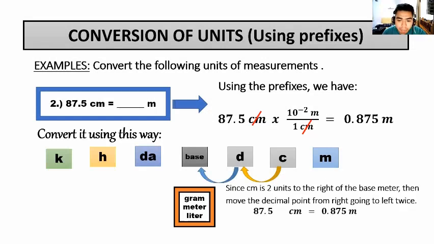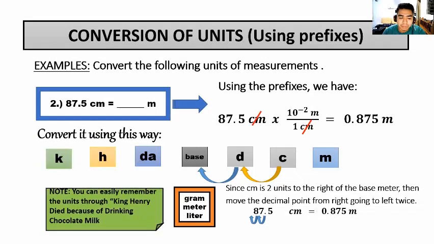So since cm is 2 units to the right of the base meter, then move the decimal point from right going to left twice. We have 87.5 centimeter is equal to 0.875 meter. So 1, 2. So move natin yung decimal point ng dalawang beses. So tanda lang natin, yung acronym natin, King Henry died because of drinking chocolate milk.